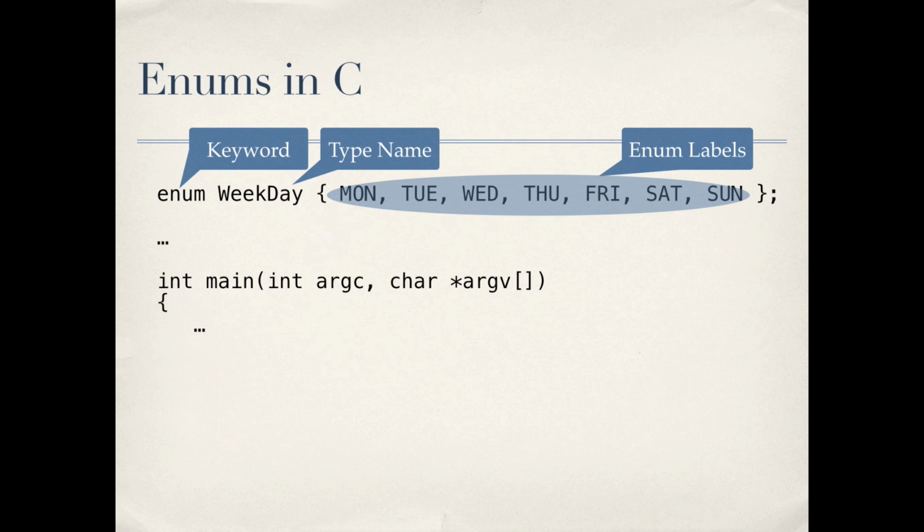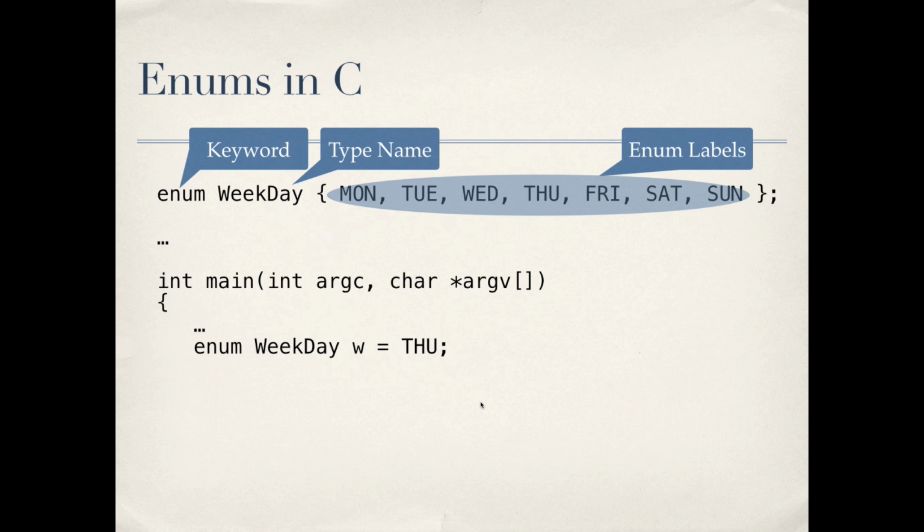When we have defined this, the next question is how can we use it? We just assume here a main function, and we now declare a variable with the name w, and we declare this w to be of type enum weekday, and we give it an initial value, namely the label Thursday.